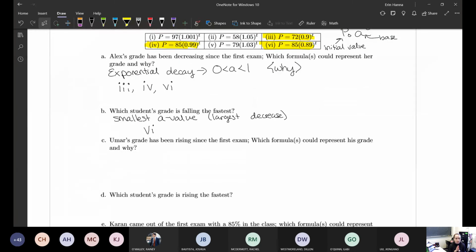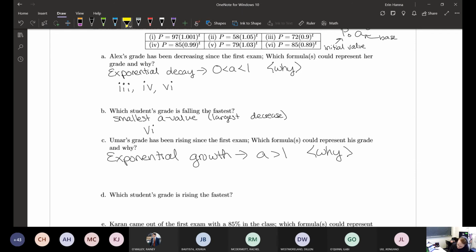Then, Umar's grade has been rising since the first exam, which formulas could represent his grade and why. If we want rising, we want exponential growth. So we want a to be greater than 1.